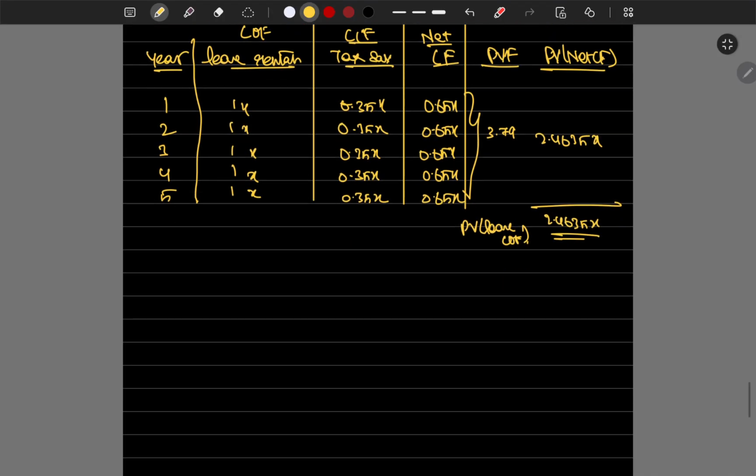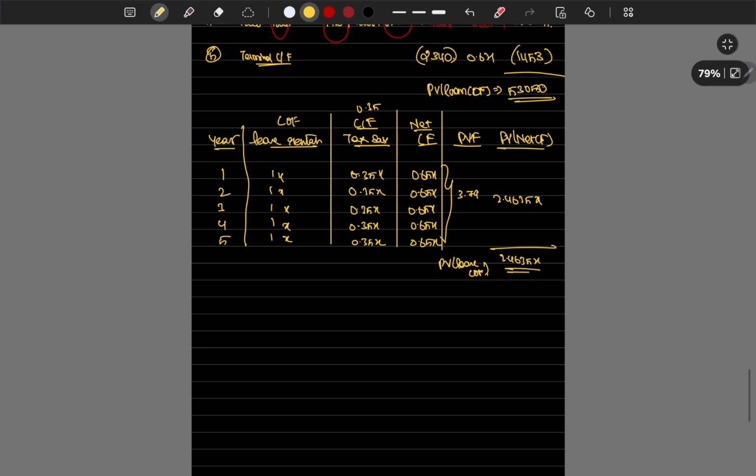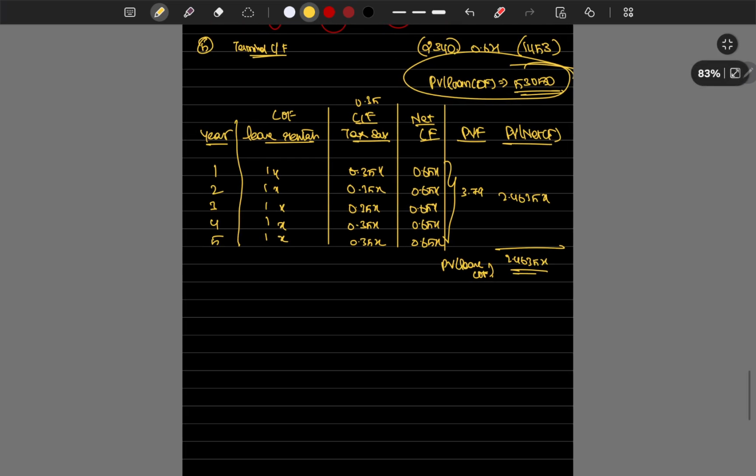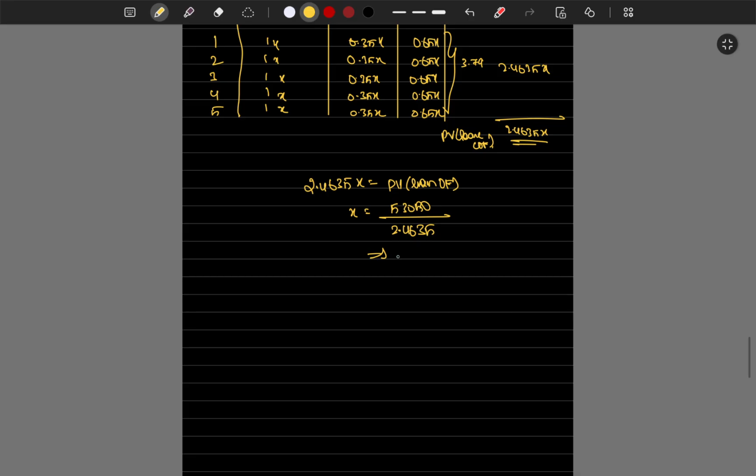We don't know the cash outflow, so we equate it to the PV of loan outflow. 2.4635x equals 53,050, so x is 53,050 divided by 2.4635, which is 21,534. That is the lease rental. That's it, the problem is over.